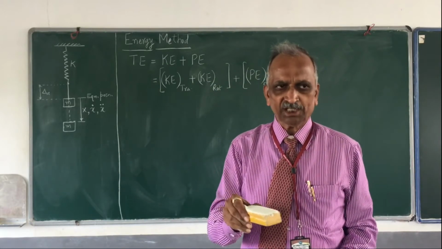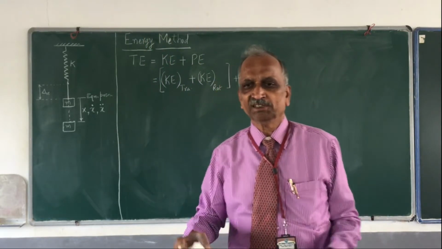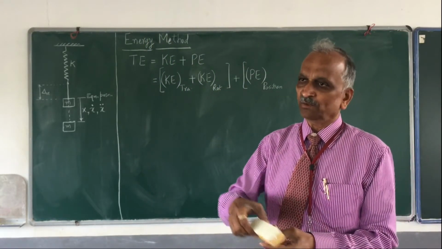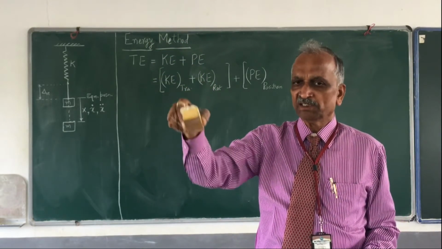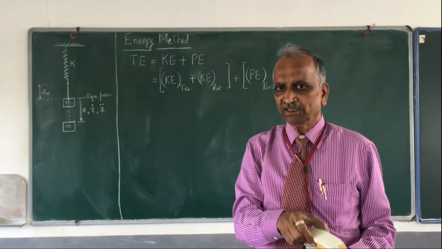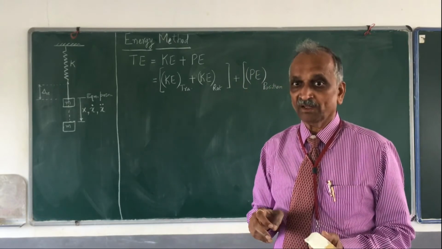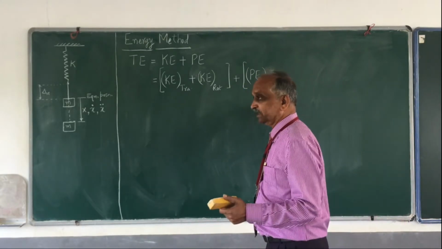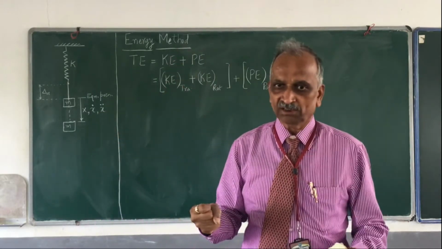As the body goes away from the center of the earth, its potential energy increases. If the body comes closer to the center of the earth, its potential energy decreases. Imagine it at the center of the earth, then its potential energy is zero. The position means the position of the body with respect to the center of the earth.